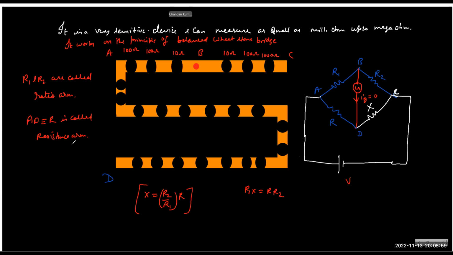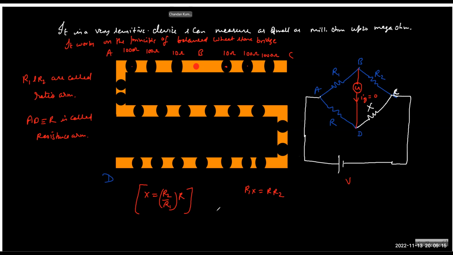Depending on the situation, let's say I pull the plug of 10 ohm on the R2 side, and 1000 ohm from this side.